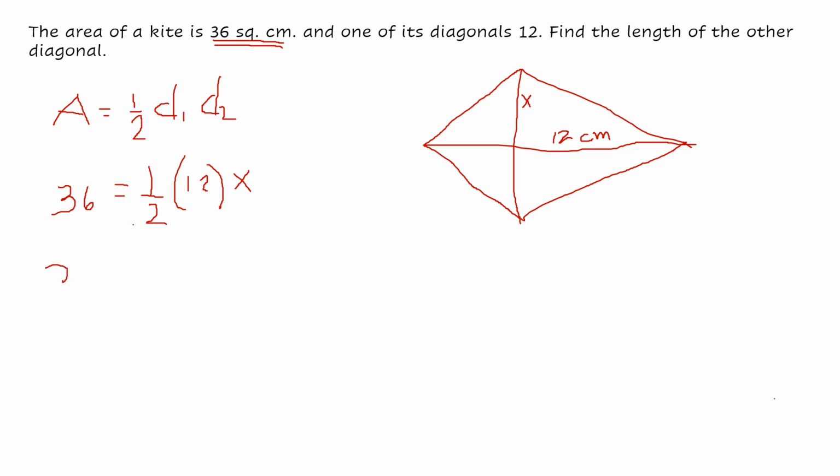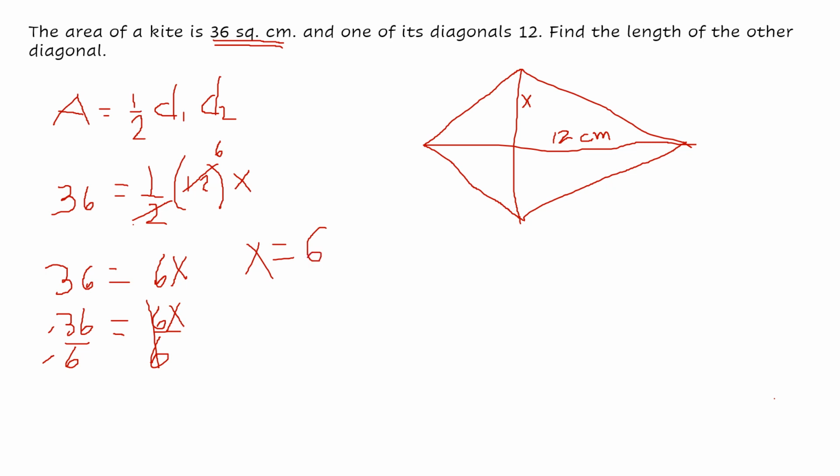Then simplifying, you get 36 equals, applying cancellation technique, 1/2 of 12 is 6. So you have 6x. Then dividing all by the coefficient of x to leave x alone, then you get 6x over 6, also 36 over 6, then x equals 36 divided by 6, or that's 6.